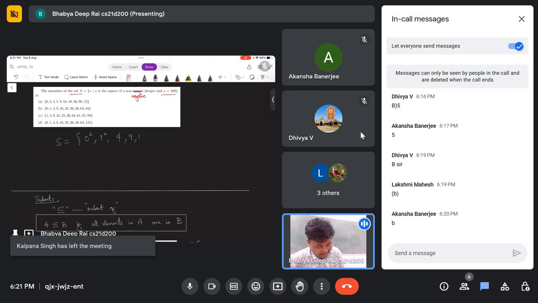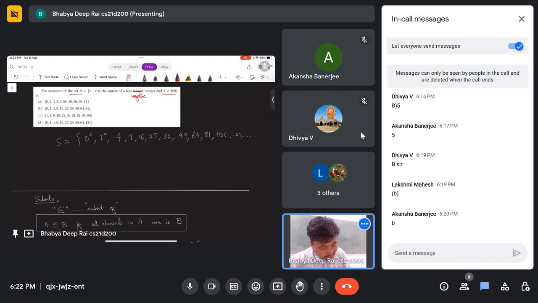Next is 4 squared, 16. And next we have 5 squared, which is 25. 6 squared is 36. 7 squared is 49. 8 squared is 64. 9 squared is 81. 10 squared is 100. And we can keep going on. 11 squared is 121 and so on. But remember that we want the squared value x to be less than 100.